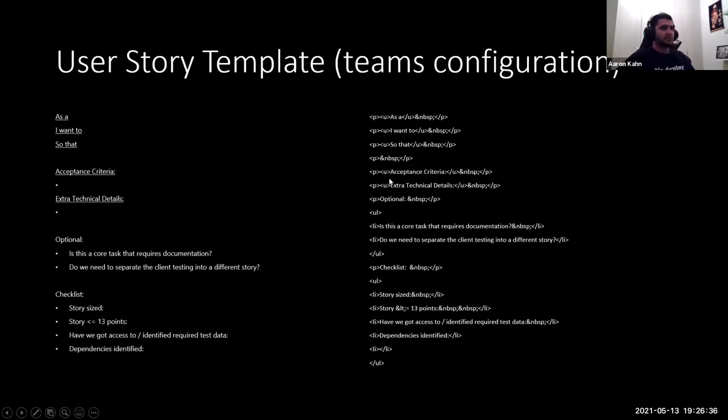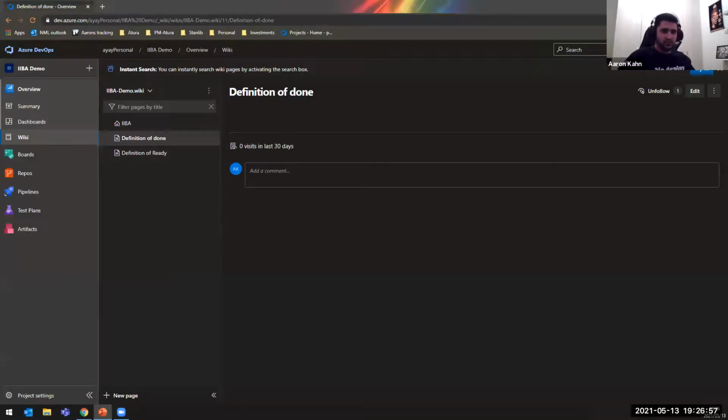I just copy pasted this in and I've got this HTML output. Please note, some of them do put out HTML that Azure DevOps doesn't like. So I did have to go through 3 or 4 links until I found one that allowed me to copy paste. But we're going to use this HTML, and I'm going to show you how we apply this as a template.